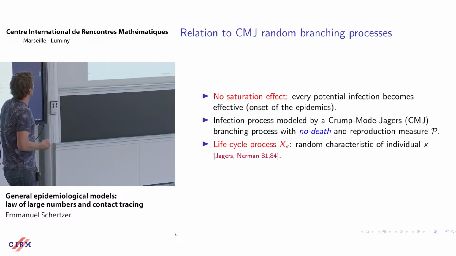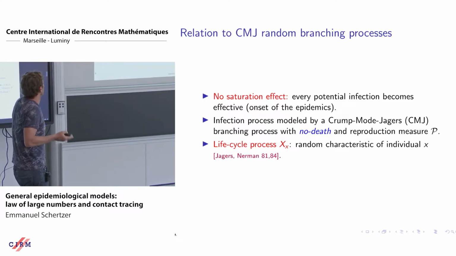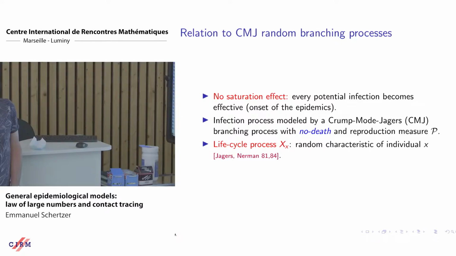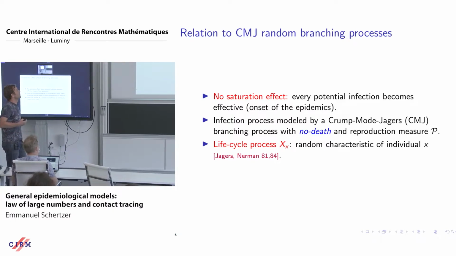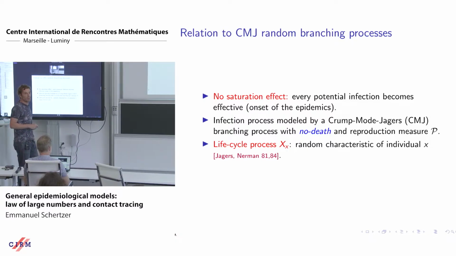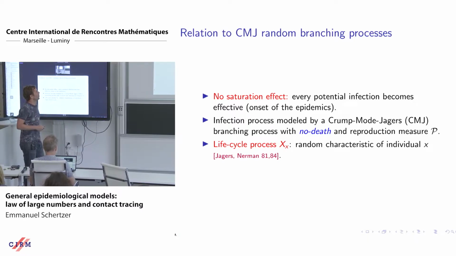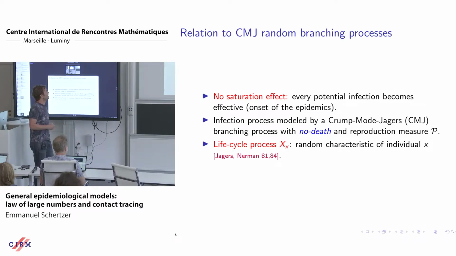Okay, so let me mention that this model is not really new. I mean, there is already a lot of work in this direction. In particular, if you don't take saturation into effect, namely every potential infection becomes effective, at the onset of the epidemics you don't feel the saturation in the population, or another way to put it, herd immunity, then this is directly related to a well-known object in probability, which are called generalized or CMJ random branching processes.